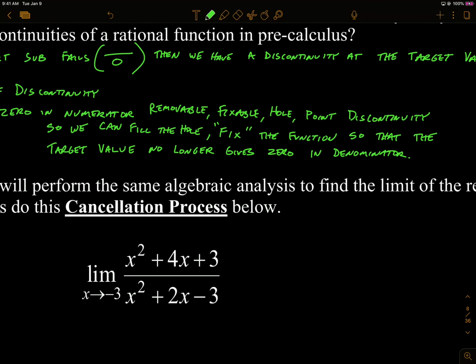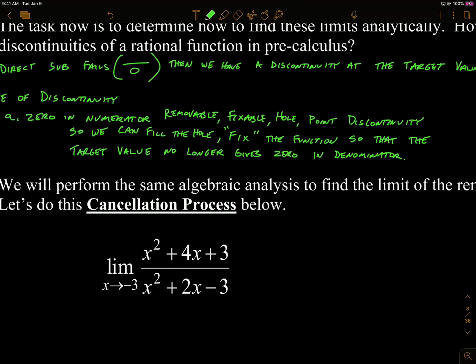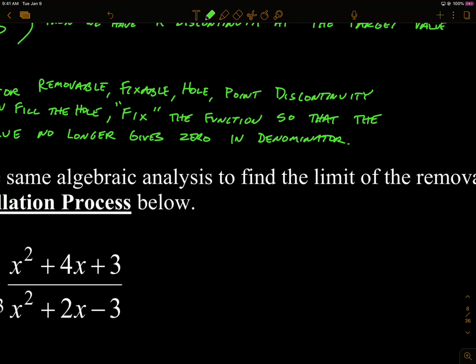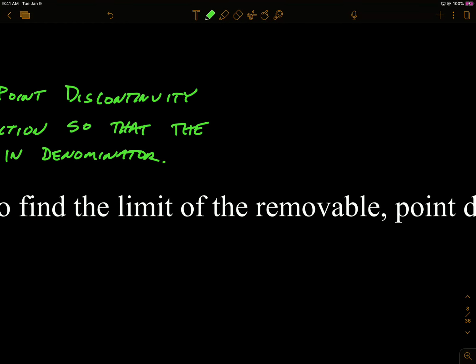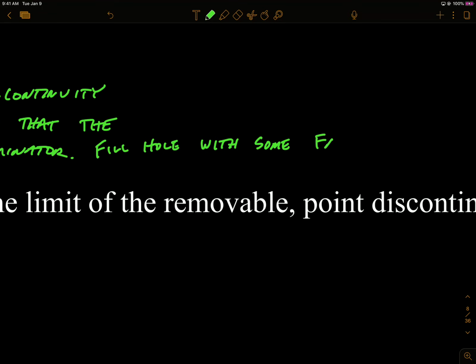If we get 0 over 0, that means we can fix this thing. We're going to do some algebra. Remember, we don't have the graph now. So we're going to fill the hole with some fancy algebra, some fancy footwork.